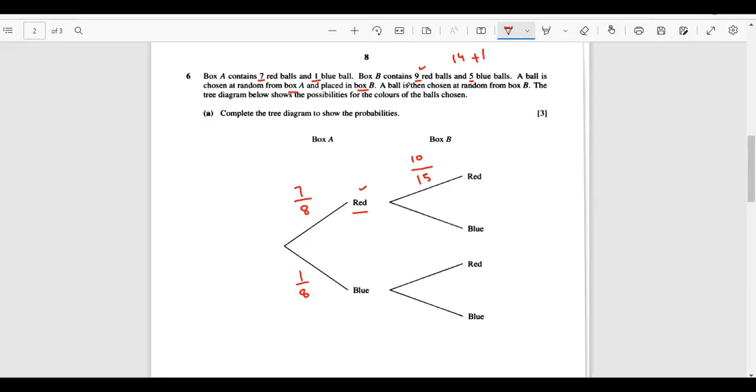Very good. And then for the second one, again the total is going to be 15. But now, since we had 9 red balls initially, and now we have placed a blue ball in box B, it would be 9 by 15, and this would be 6 by 15. All right. So you can just understand this. Meanwhile, I'll just get rid of all this.